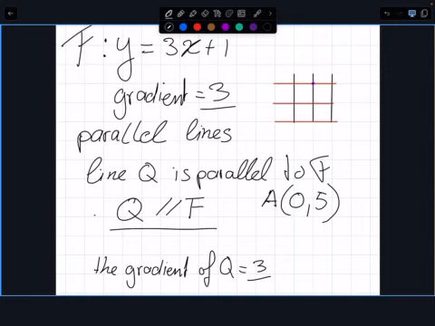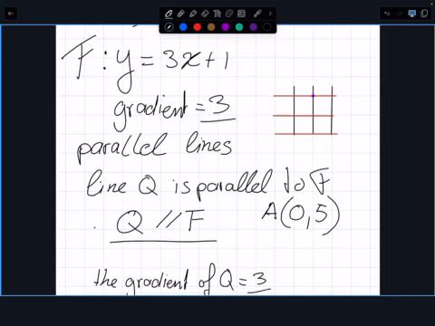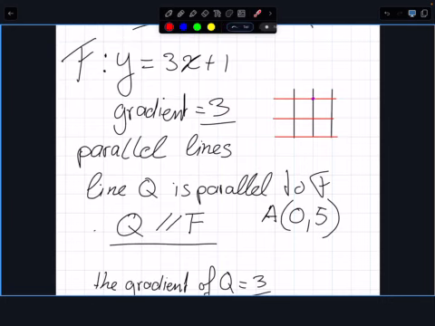Line Q is parallel to F and goes through the coordinate A, which is 0, 5. Write down the equation of line Q. Teacher, how do I do that? Easy. Extremely easy. This comes in paper ones, like this. They give you an equation, and then they say another one is parallel to the one they gave you, and then goes through this point.